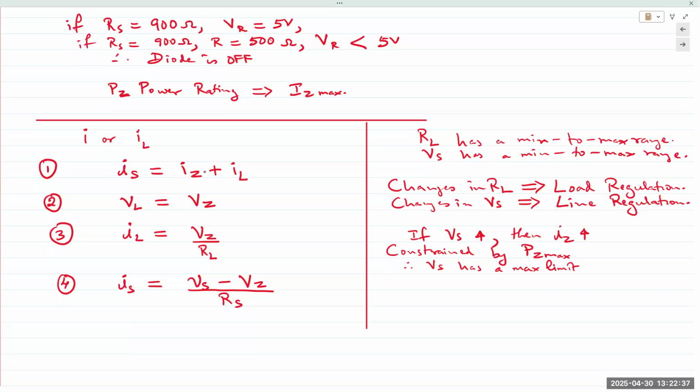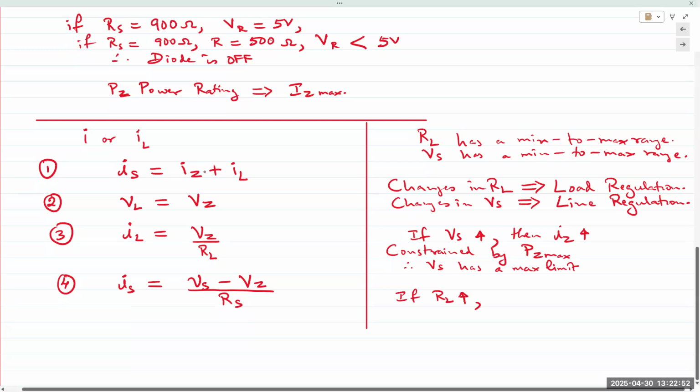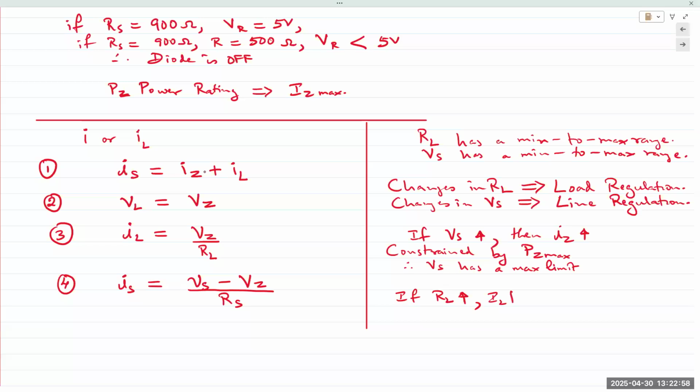Okay. All right, so now let's see what happens if the load changes, load regulation. So if RL increases, what happens to its current, IL? Ohm's law. Then IL decreases, right?